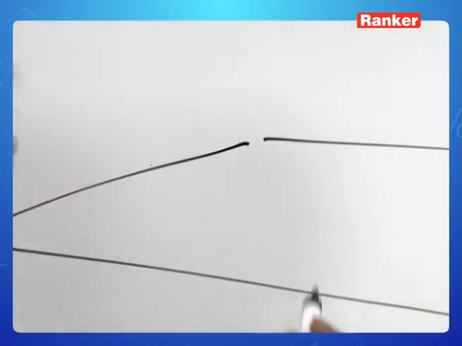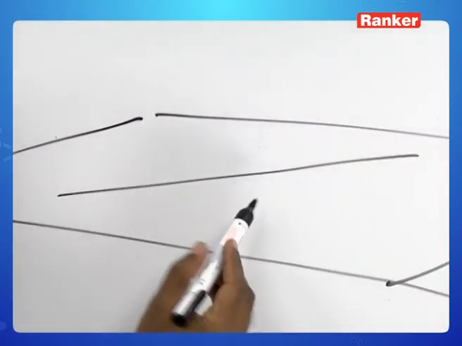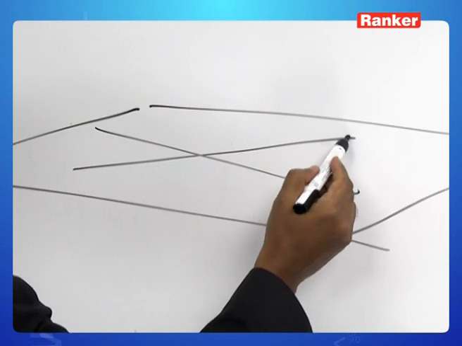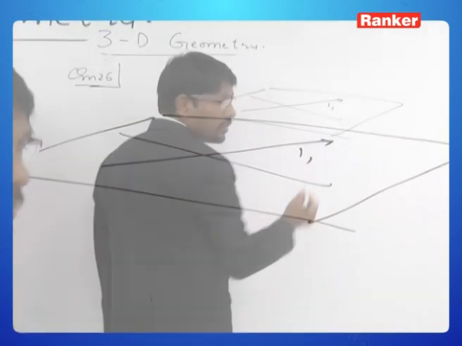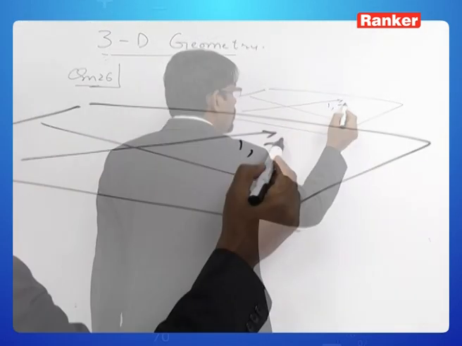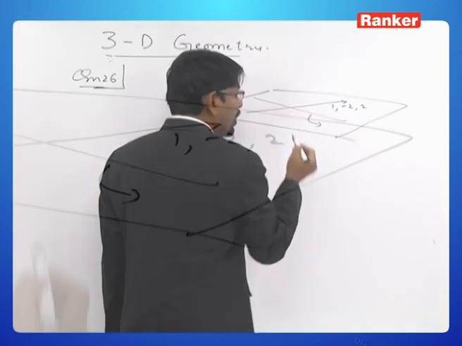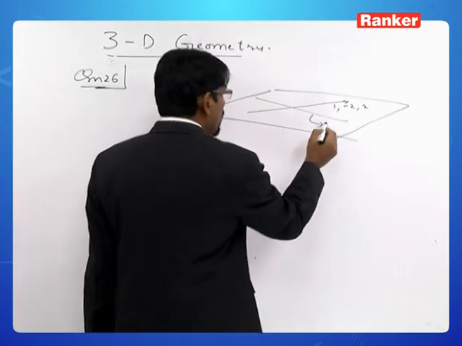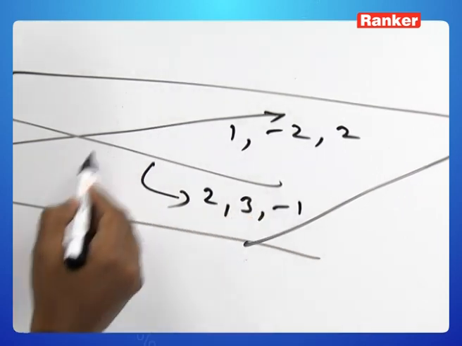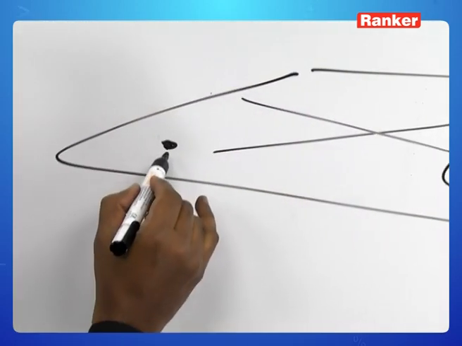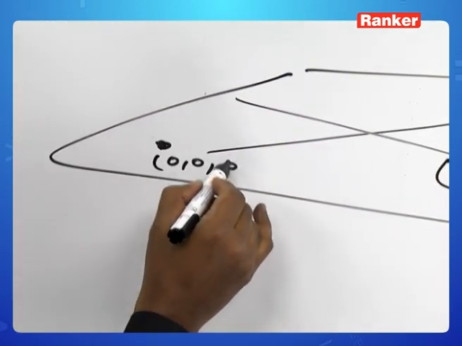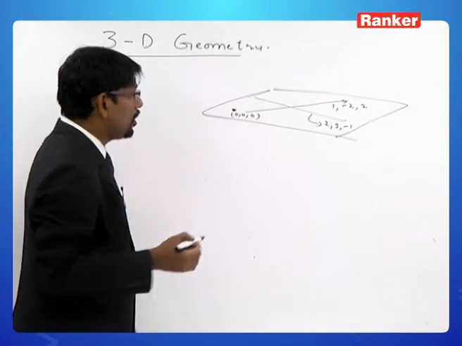Now we are interested in finding the equation of a plane which contains two lines whose DCs are proportional to 1, minus 2, 2, and 2 comma 3 comma minus 1, and moreover we are also given that the plane passes through the origin.